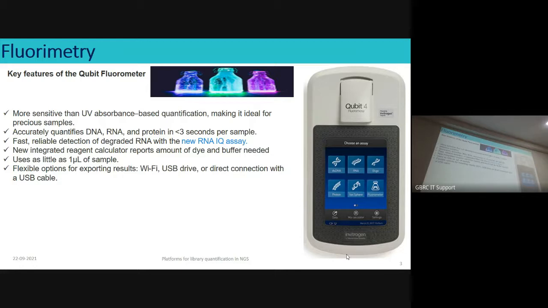That's why, for the quantification of the starting material for library preparation, whether it is DNA or RNA, we never use the NanoDrop or the UV spectrophotometer. The DNA or RNA quantification for library preparation is going to be done using the Qubit fluorometer only.